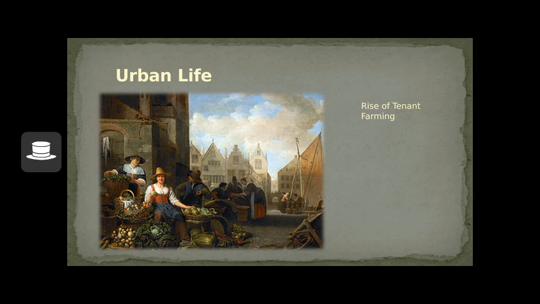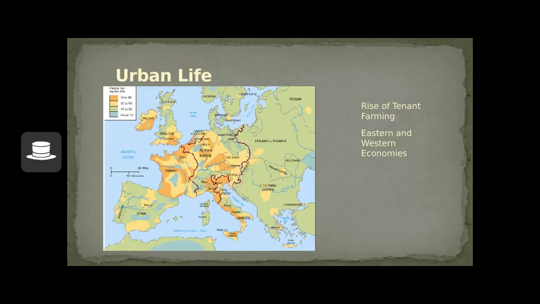Now, I just want to mention that this whole process that we're talking about is localized to Western Europe. There's a maroon-colored line on the map. And that maroon-colored line shows a political entity called the Holy Roman Empire.